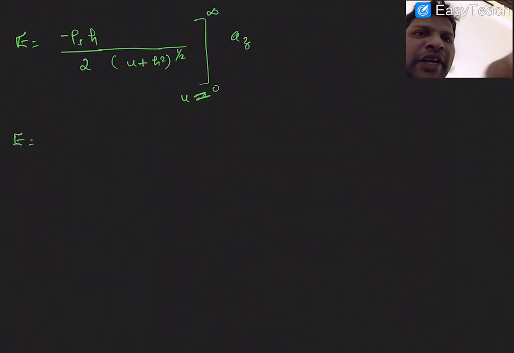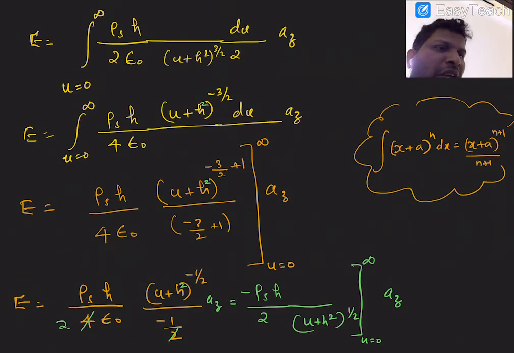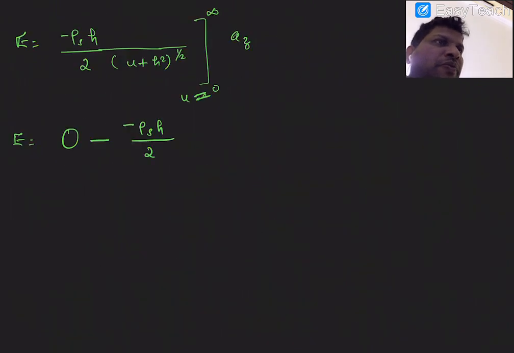So the electric field will be equal to, if I put u equal to infinity, then there will be a term 1 by infinity. 1 by infinity will be equal to 0, then minus rho s into h divided by 2. Did I miss anything? Yes, I missed epsilon 0.